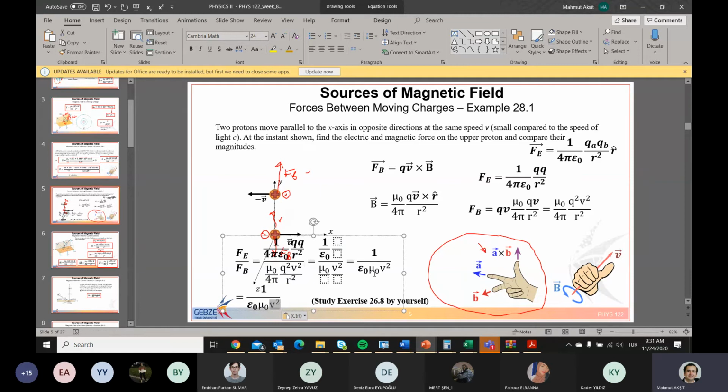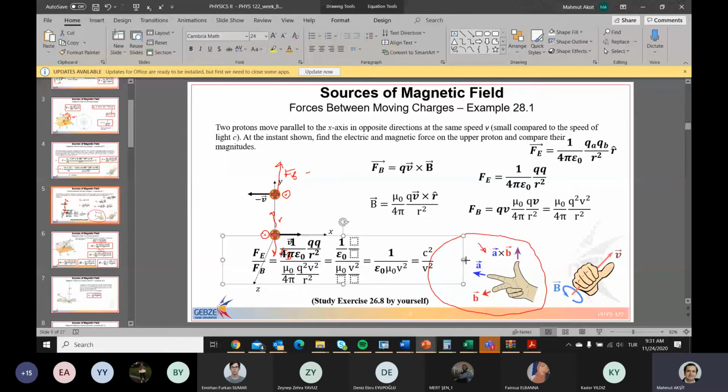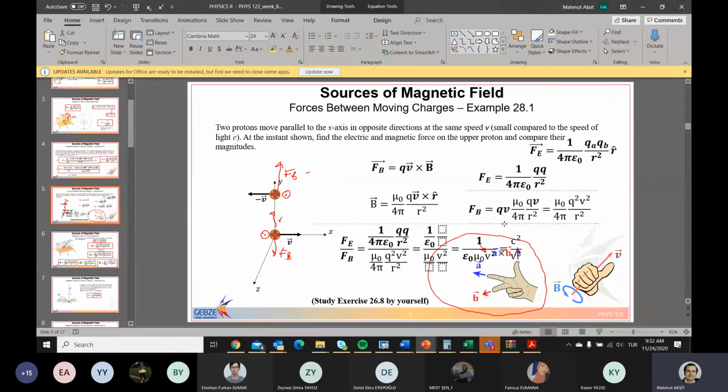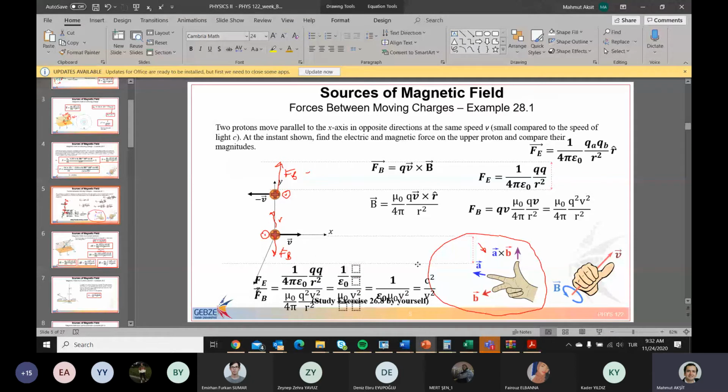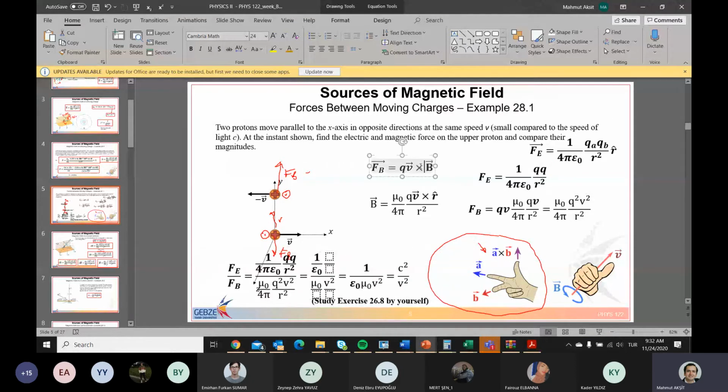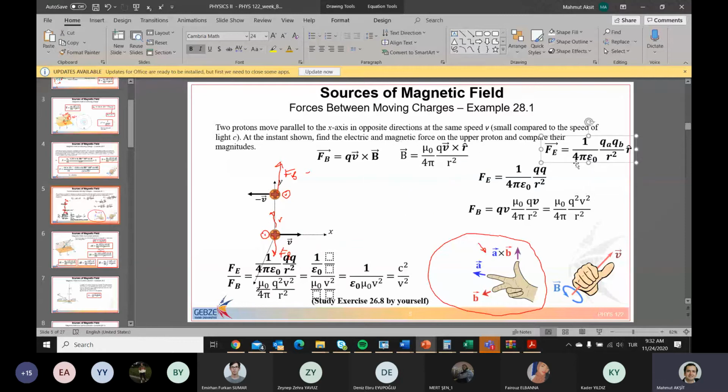And you have c square over v square. Let me clean this a little bit.